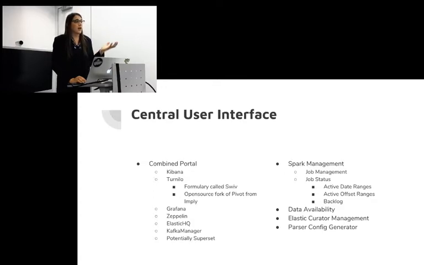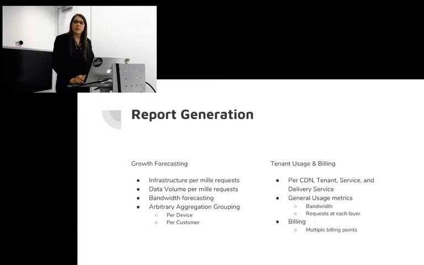So we're looking at building an actual UI that'll become part of this, so you can dig in, see what jobs are running, see where those jobs are at, see that your ATS edge nodes are an hour behind, so you know what your expectations on data are when you're querying, as well as a general access point via SSO or LDAP, whatever auth scheme you need, as well as providing some initial reports that'll be generated and maintained and be part of the infrastructure, and digging more into what are all the knobs you need to know for your growth forecasting.